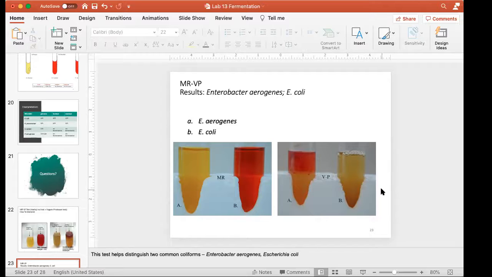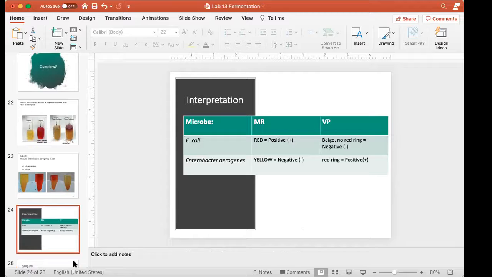Over on the VP, it's the opposite. Enterobacter has the positive, and E. coli has the negative. So for these two organisms, you get one of each result, and they're opposite from test to test. E. coli is positive MR, negative VP.